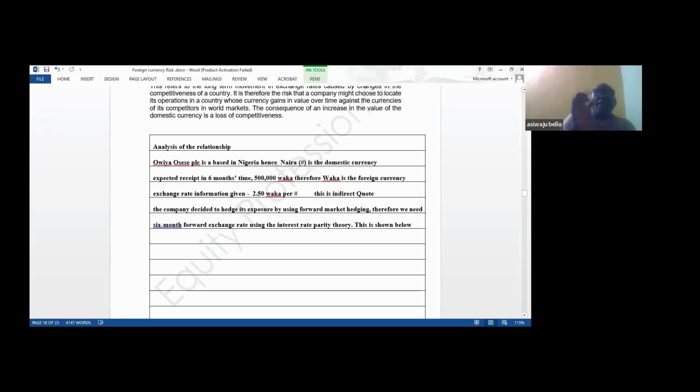Now, the exchange rate information given in the question. We have identified domestic currency, naira, and foreign currency, waka. The examiner says 2.5 waka to naira, that is, foreign currency per domestic currency.